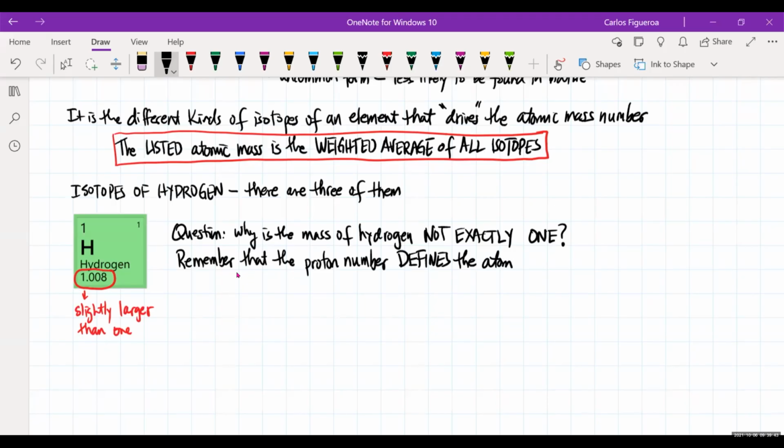So if I want hydrogen, I can only have 1 proton because the atomic number here is 1. It turns out that there are 3 isotopes of hydrogen.